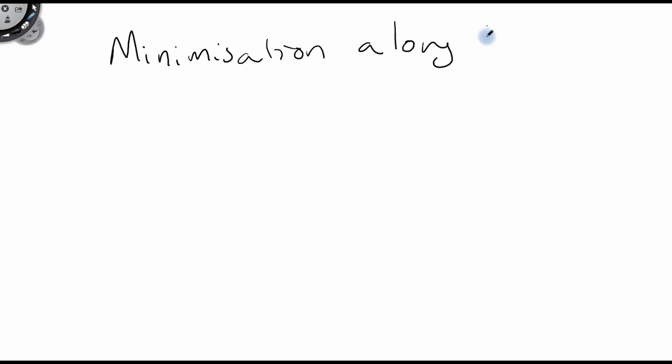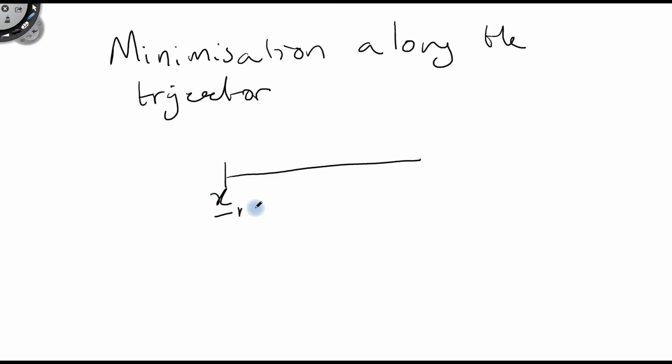So that's the first thing, and that's from the trajectory. And then we have the minimization. So we're considering x of n, x n plus 1, and we're considering little changes in our vector, dx of n plus 1.